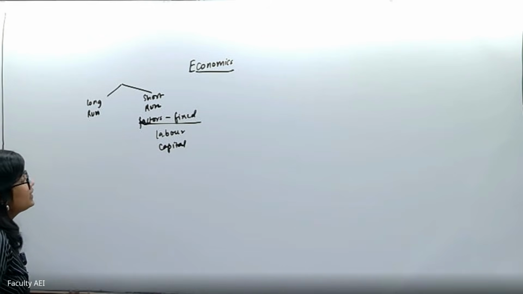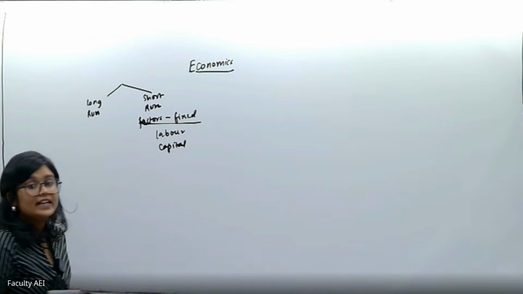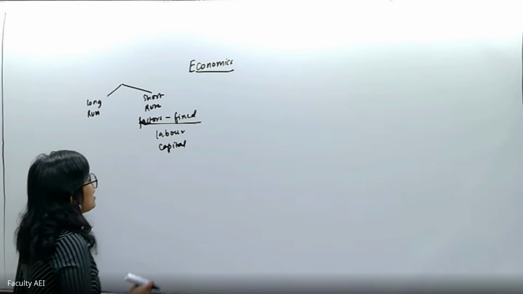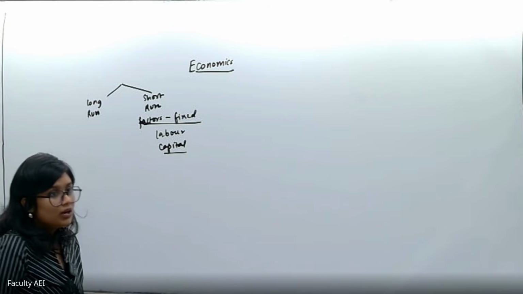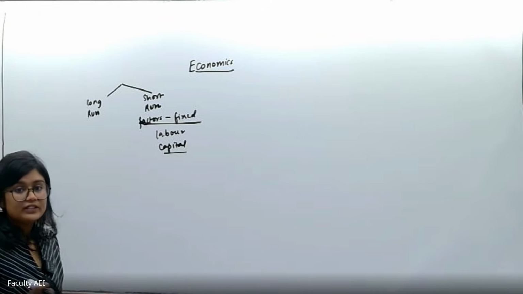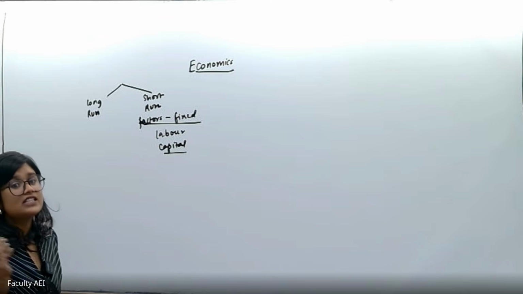In the short run, the time is so short that you may be able to change the number of labor you have, but you may not be able to bring in more capital. So the capital is fixed. At least one of the factors of production, it can be labor, capital, land, anything, is fixed.